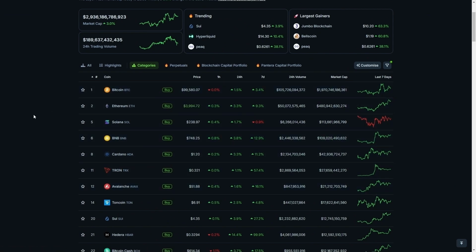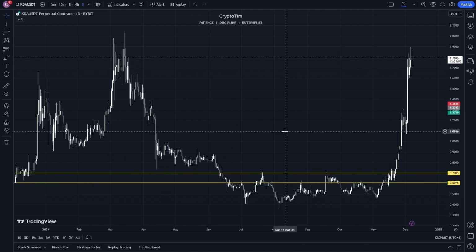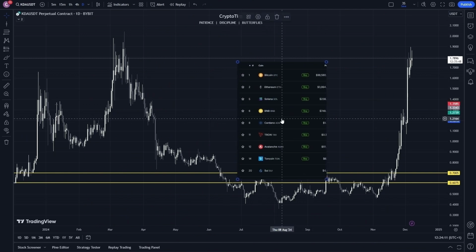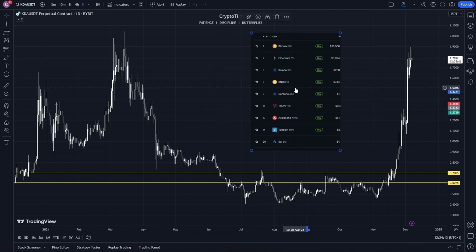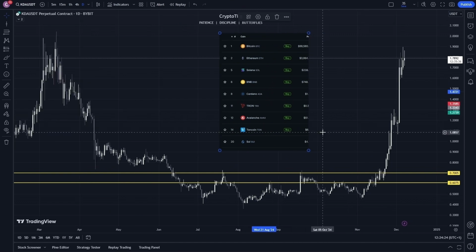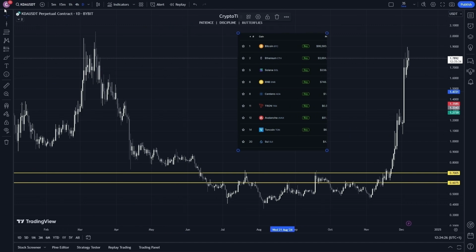If we switch back to TradingView, okay, now we're back on TradingView. I took a screenshot of the big layer 1 coins, the top 9 layer 1 coins. That can be others as well, doesn't matter, or can be more. Now all we are going to do is compare this chart to the other layer 1s that did have their move up.